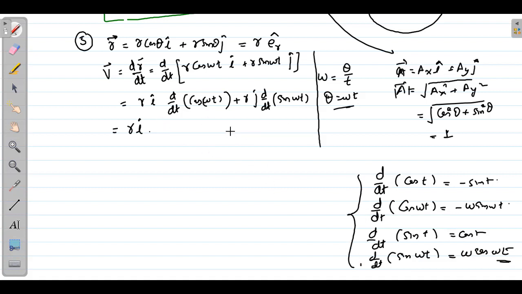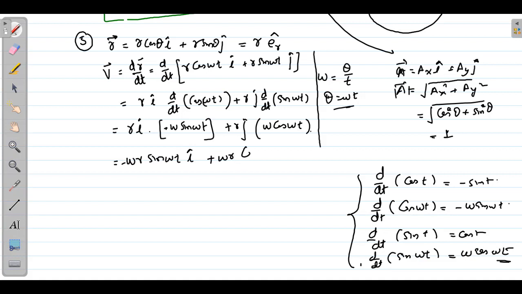So we replace this term using this formula: the differential of cos omega t is minus omega sine omega t, plus r j, it will come omega cos omega t. Means we will get minus omega r sine omega t i plus omega r cos omega t j.